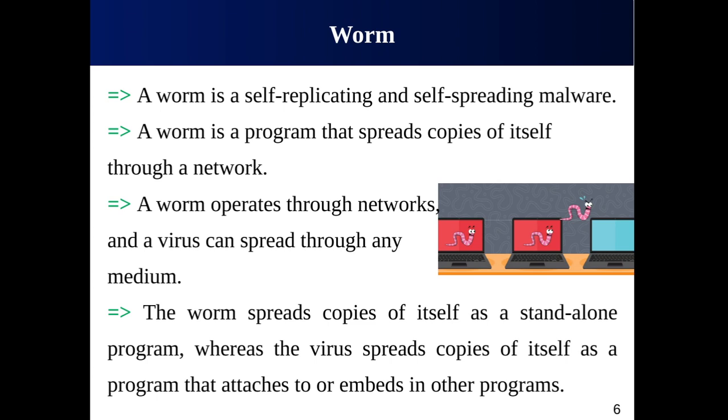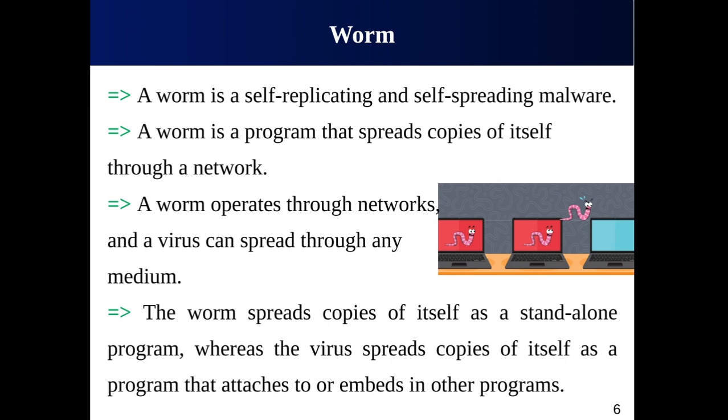And obviously, the virus attaches itself to a different program. Additionally, the worm spreads copies of itself as a standalone program. They do not need another program to be used as a carrier, as in the case of the virus. The virus spreads copies of itself as a program that attaches or embeds itself into other computer programs.